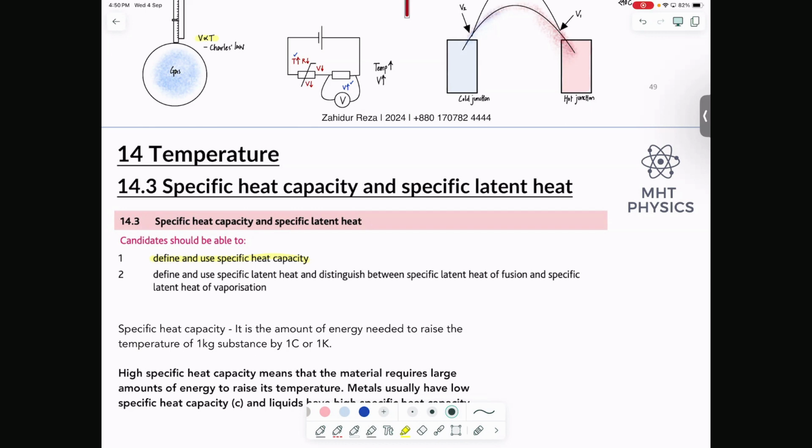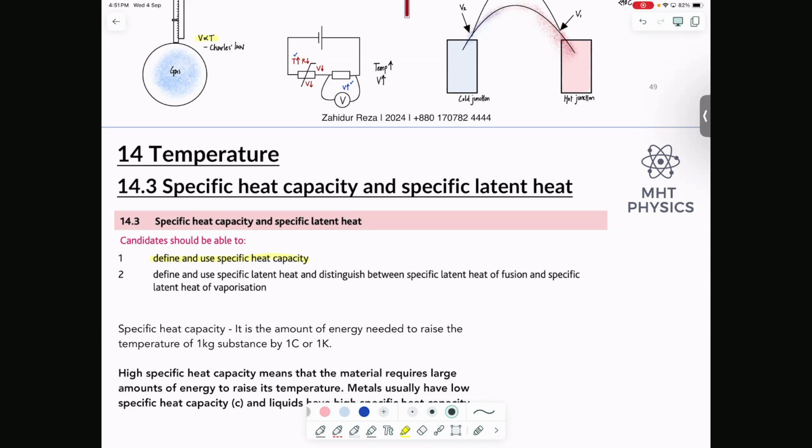So something like water has a specific heat capacity of 4,200 and aluminum has a specific heat capacity of 700. Which means that when I provide 4,200 to water, temperature rises by how much? 1. Whereas I provide only 700 to aluminum, how much does temperature rise? Same, 1, right? So you see it takes less effort for aluminum. So specific heat capacity gives you a measure of how much energy your material needs to raise its temperature.